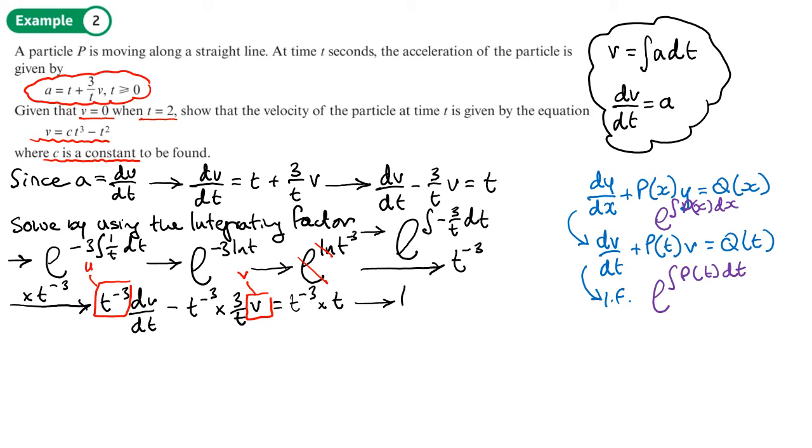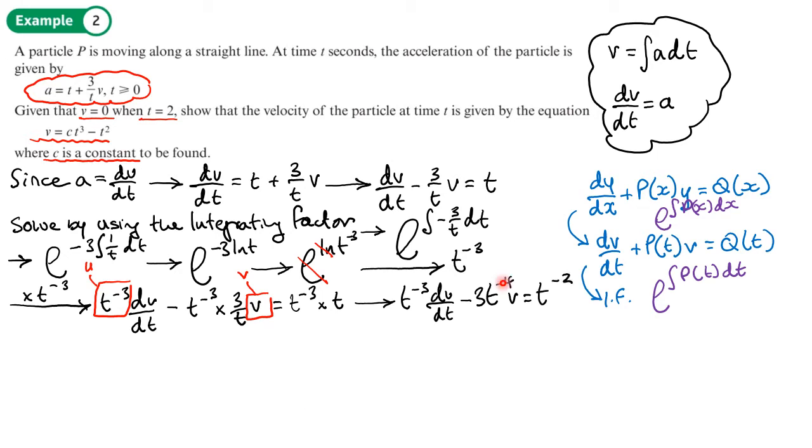So t to the minus 3 dv/dt. Now if I look at this part and take that t here, this will actually become t to the power negative 4. So I'll have negative 3 t to the negative 4 v equals, and then the other side over here will just become t to the power negative 2.